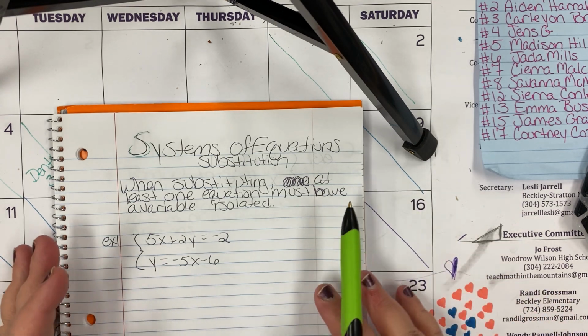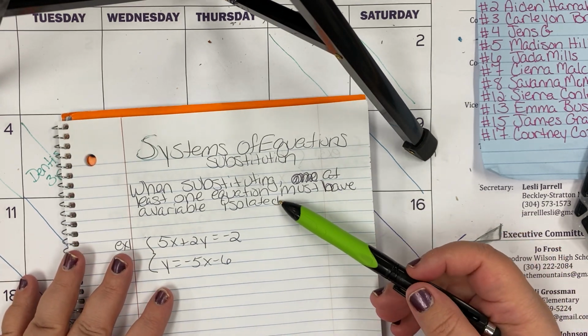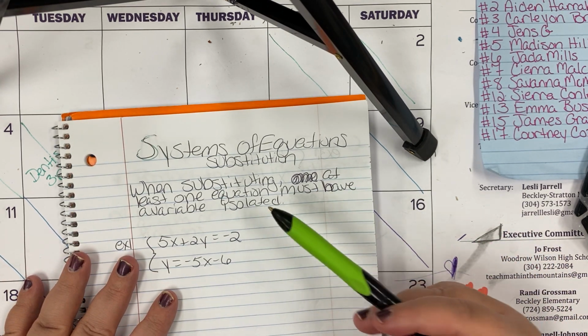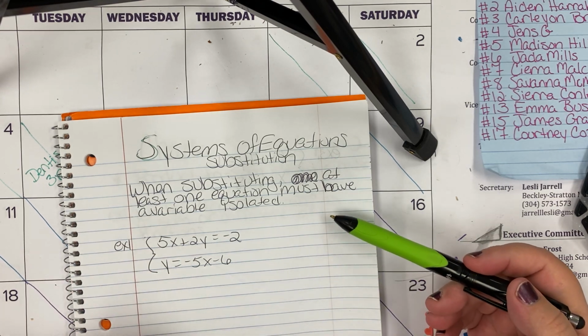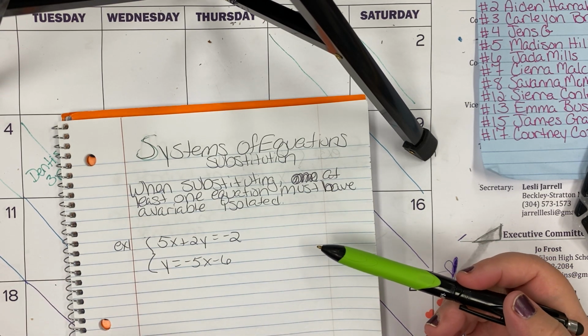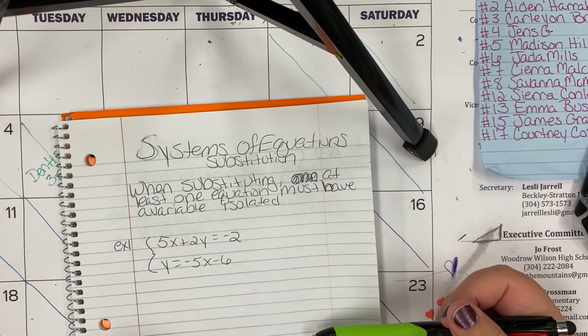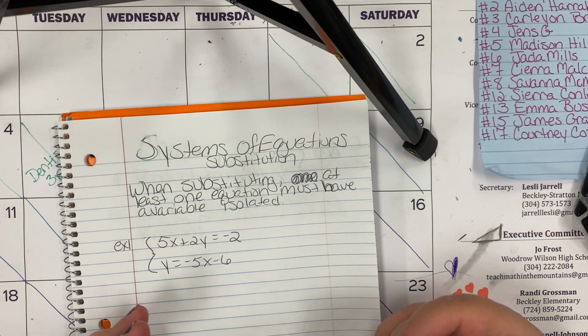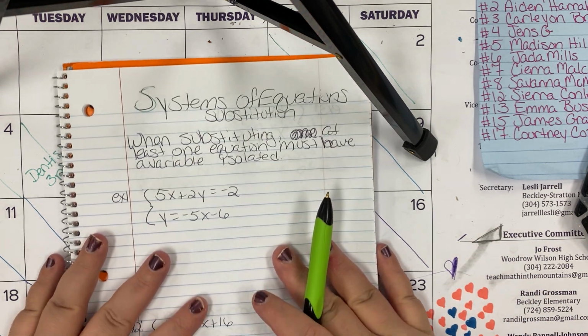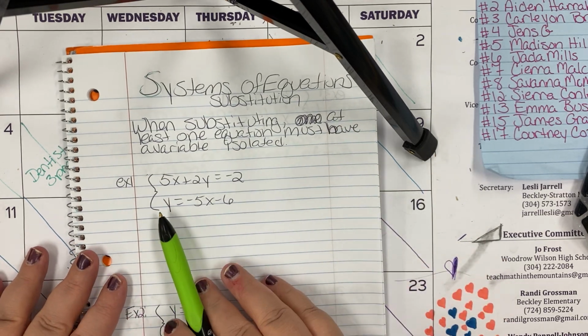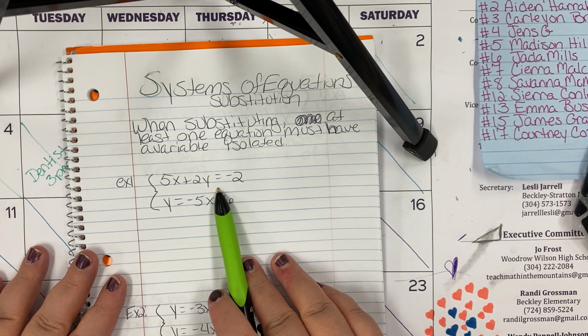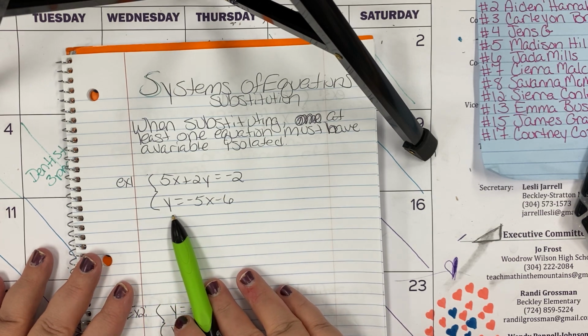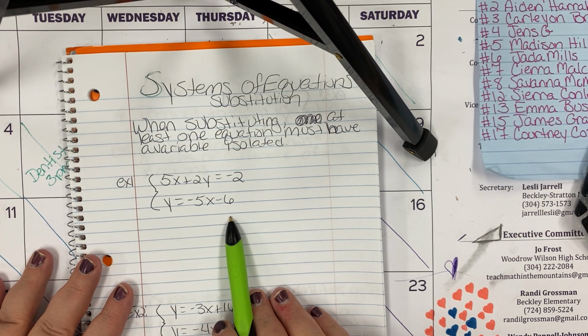way of solving these. So when substituting, you have to have at least one equation that has a variable isolated. So you're substituting something into another equation. So if you look here at example 1, we have 5x plus 2y equals negative 2 and y equals negative 5x minus 6.